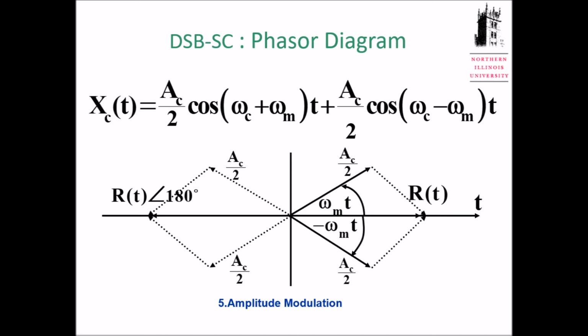So this is my modulated double sideband suppressed carrier signal in phasor. Combine them together, this is the real signal. Just based on the definition of phasor, we can get this one.